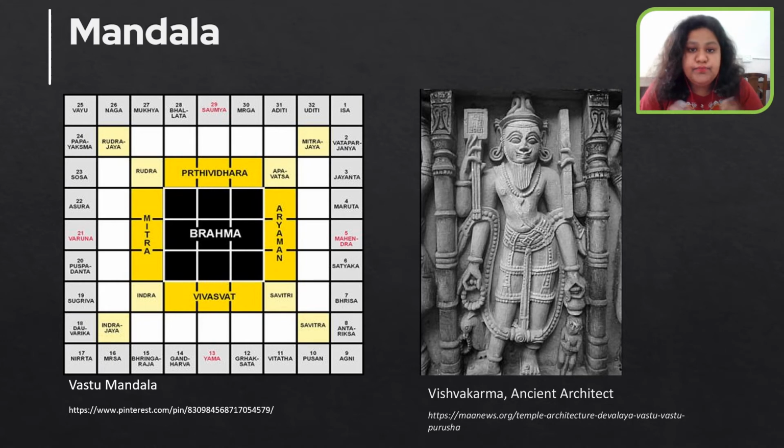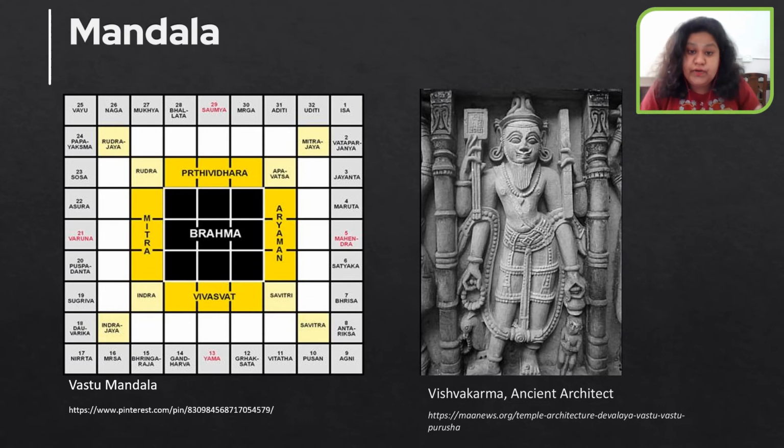In Hindi, Purush means man, but here Purusha means a person, the cosmic deity, the supreme reality. The chart is given to you. There are eight by eight, 64 squares, which give us an idea about which deity is placed on which position of a house or a structure.